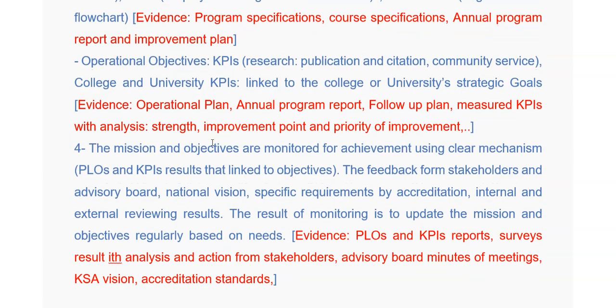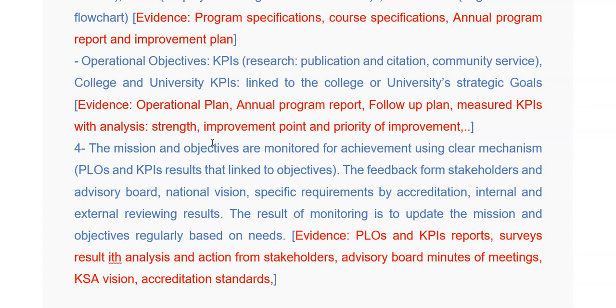And what is the evidence that you need? You need, of course, an operational plan. An operational plan is important. It is an annual operational plan that contains your activities related to the goals of the university, and also linked to the KPIs, and these activities should be implemented, as we said before, by committees.